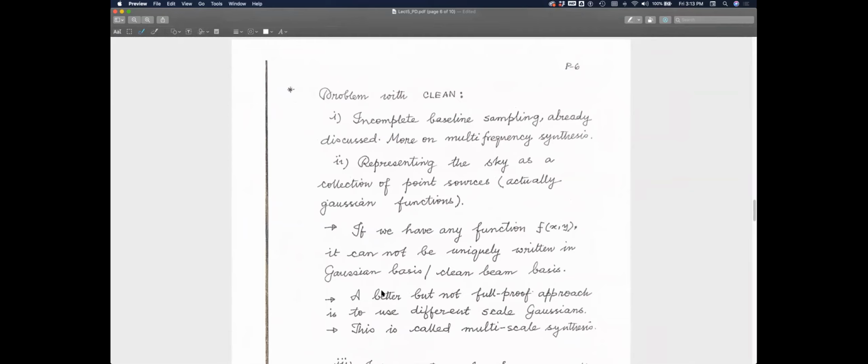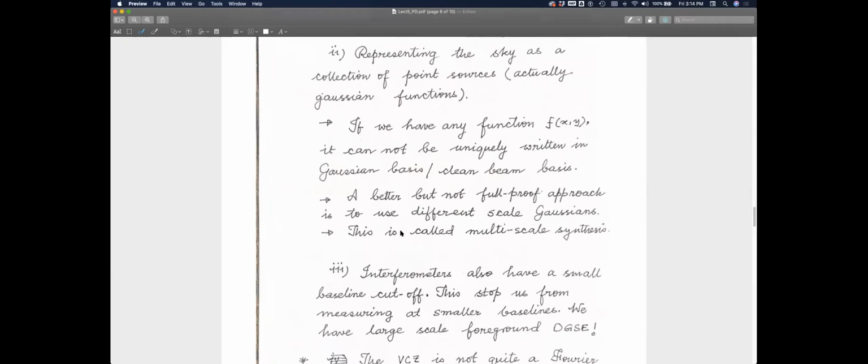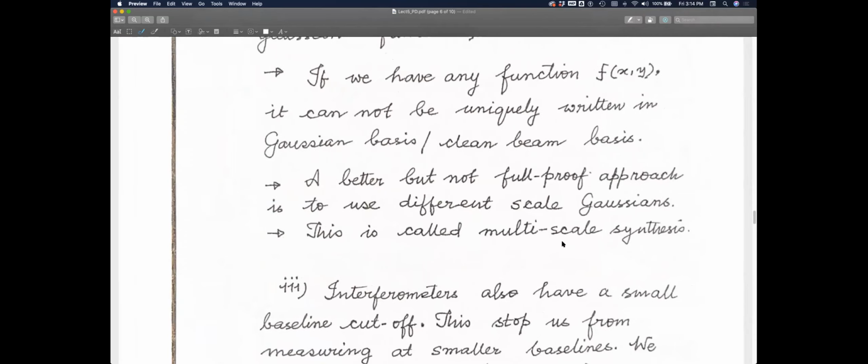Even if you have complete baseline coverage, which means that all the points in this 3D grid are filled up, you don't need to do deconvolution anymore, right? So then you don't need CLEAN anymore. But otherwise, this problem remains.